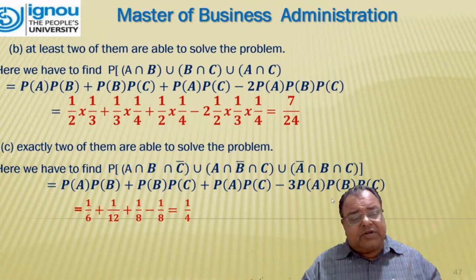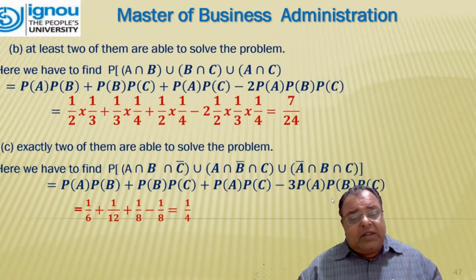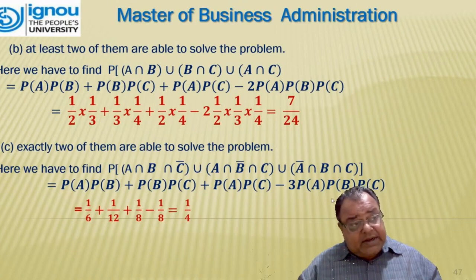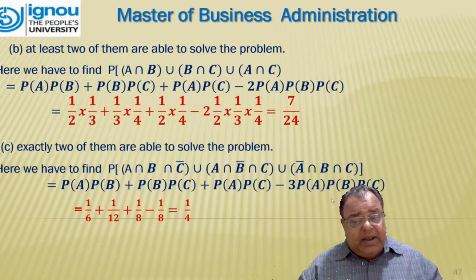Third was exactly 2 of them are able to solve the problem. That means 2 of them will be solving and the third one will not be solving. So in this case, it will be P(A intersection B intersection C bar) union P(A intersection B bar intersection C) union P(A bar intersection B intersection C).